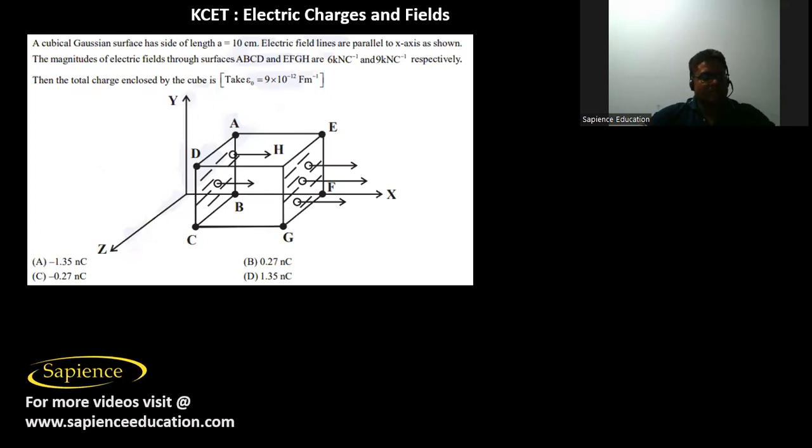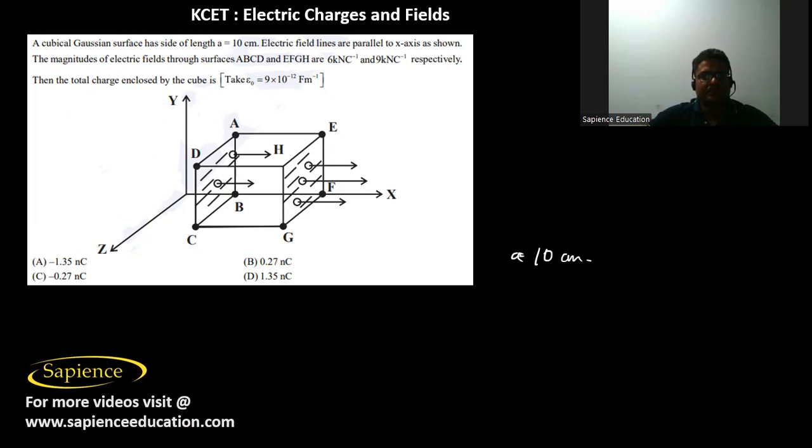Then here it is told that a cubical Gaussian surface has a side of length a which is 10 centimeter. Electric field lines are parallel to x-axis as shown.